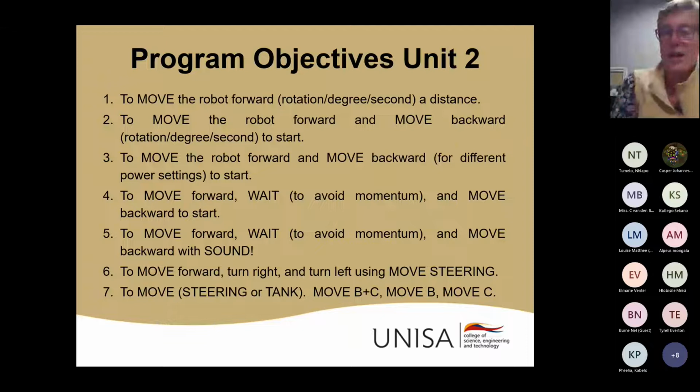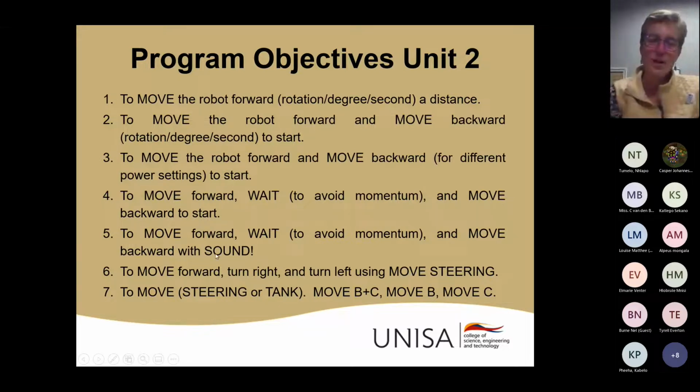The other one is putting a wait between changing direction. So you go forward, then you wait 1 second, and then you move backwards. That is, again, to avoid momentum. There's always detail that the learners need to include.